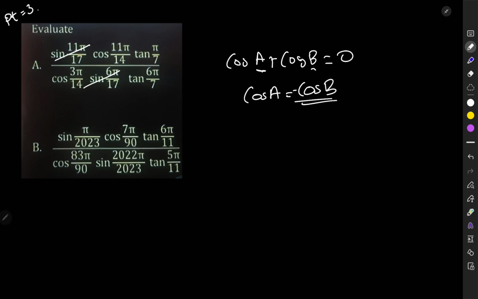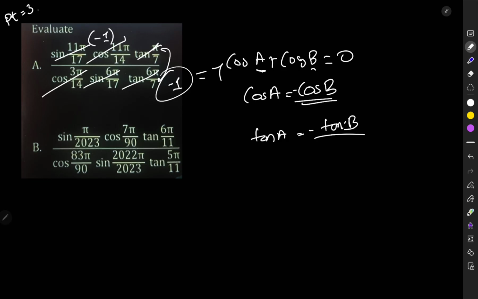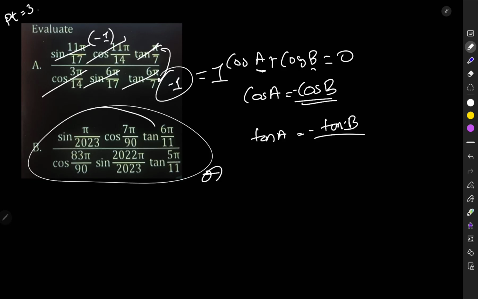Just because there is minus cos b, this and this will get cancelled, but here minus 1 will come. Similarly I can also cancel this and this. Again tan is also the same scenario, when these both add up to pi, tan a will be equal to minus tan b, right? So this and this will get cancelled, again minus will come, so finally I'll get 1 as the answer. So you can do this the same method, 100%.